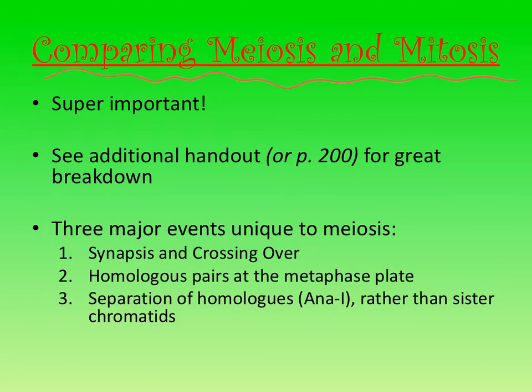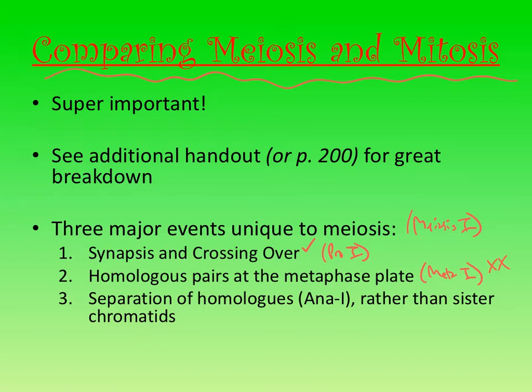The 3 major events that are unique to meiosis all happen during meiosis 1. And those include crossing over during prophase 1. It includes the fact that during metaphase 1, we have homologous pairings of chromosomes. So again, a little 2 by 2 lineup.